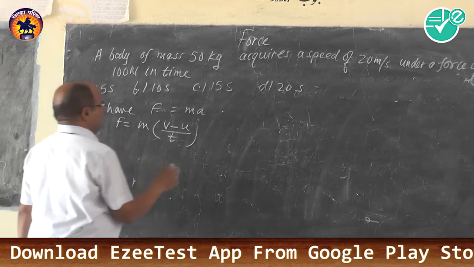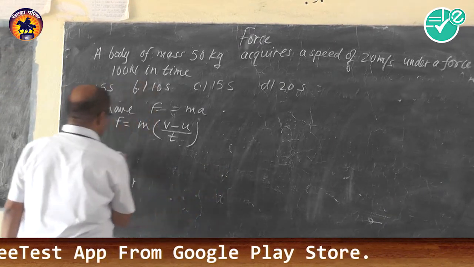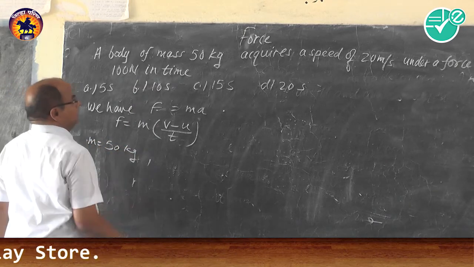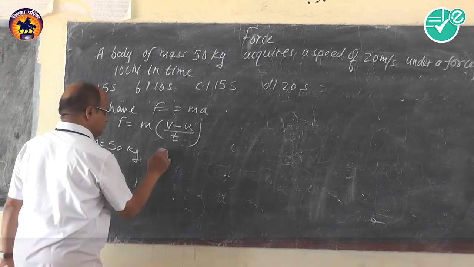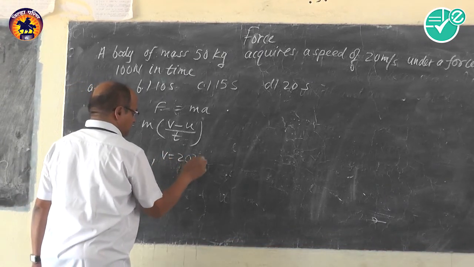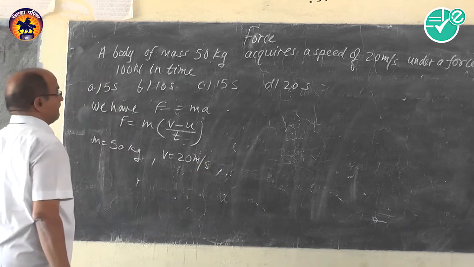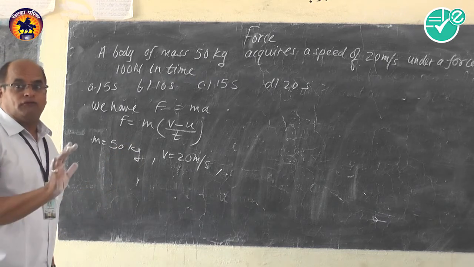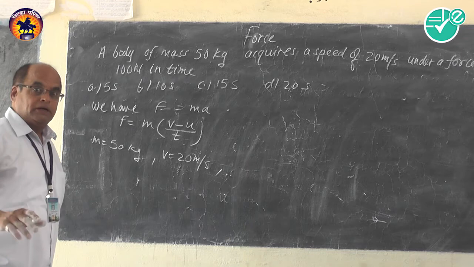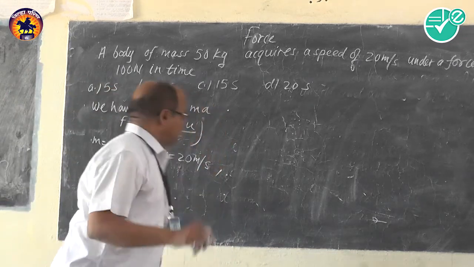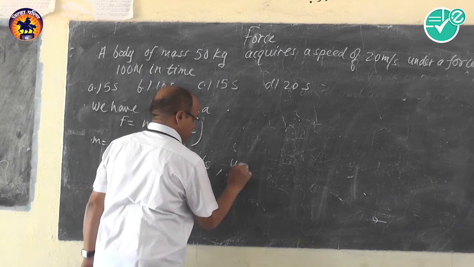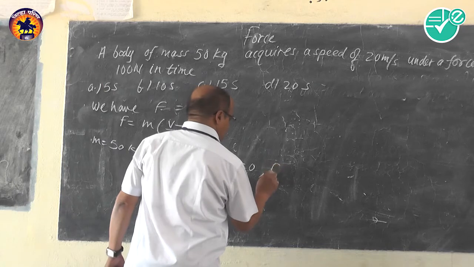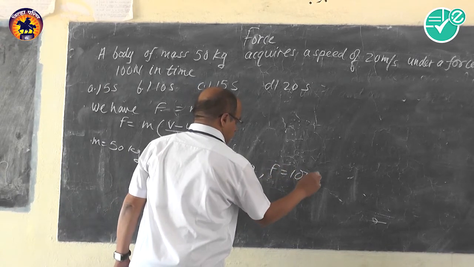Here, given that m is equal to 50 kg, the body acquires a speed of v equal to 20 meters per second. That means the body was at rest, so the initial velocity of the body is 0. Under a force of 100 Newton, F is equal to 100 Newton.